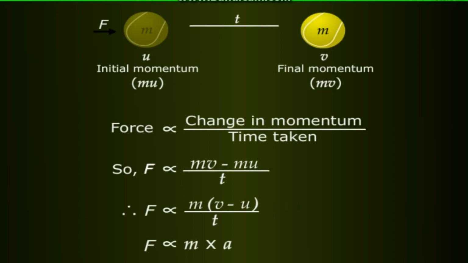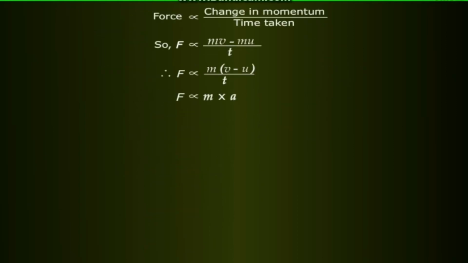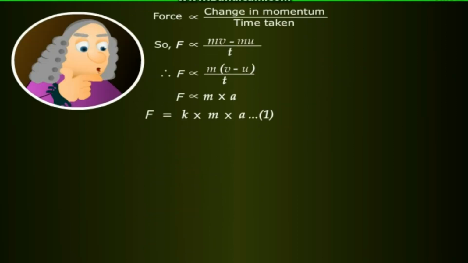Thus, the force acting on an object is directly proportional to the product of mass of the object and acceleration produced in the object. Thus, we can write F is equal to k into m into a, where k is the constant of proportionality.